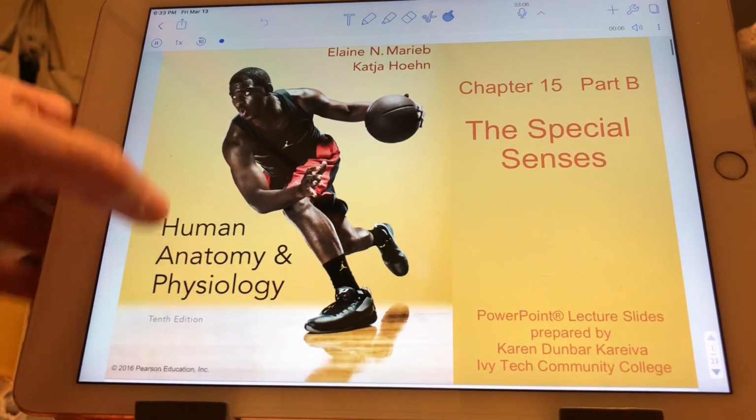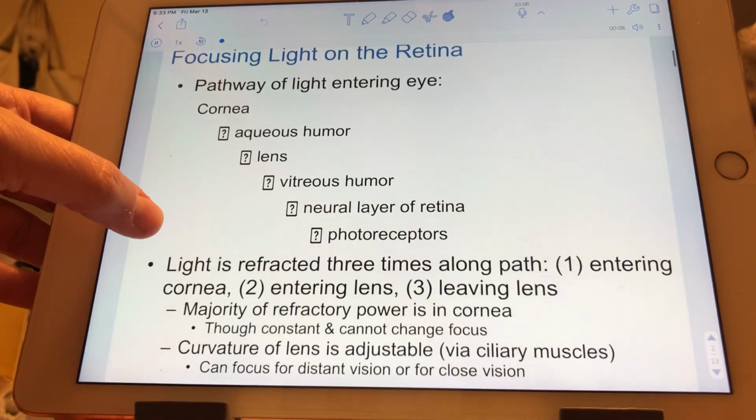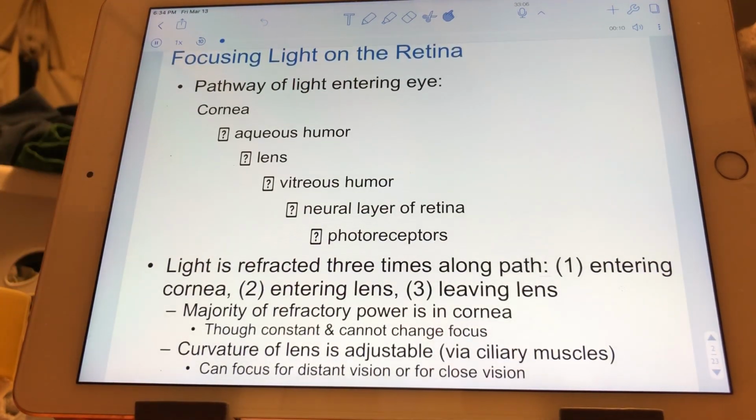On slide 2, we're marching through the different structures or mixtures that we're going to have to encounter if we are following the pathway of light.